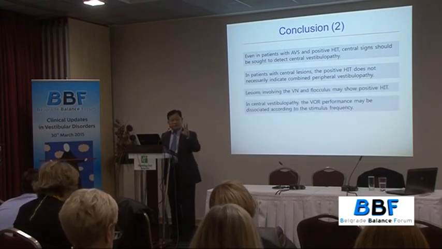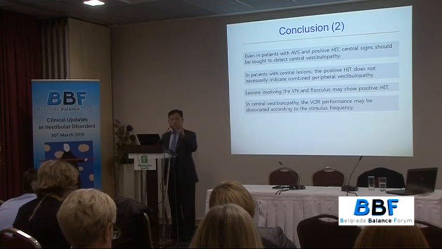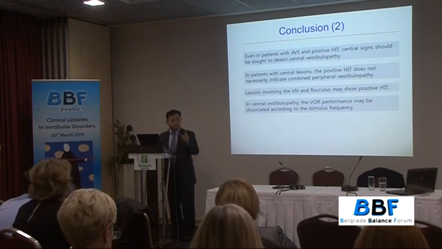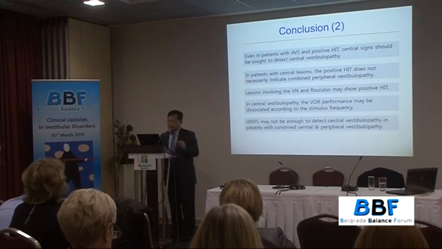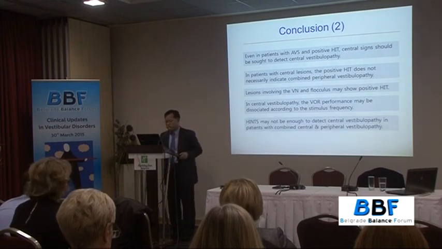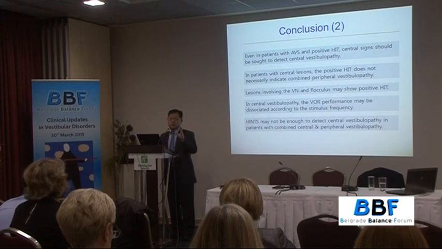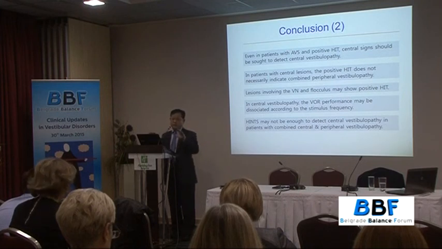And in central lesions, the vestibular performance may be dissociated according to the stimulus frequency, so dissociated findings during head impulse, caloric test and rotation test. And again, HINTS isn't almighty in detecting central lesions in this group of combined peripheral and central vestibulopathy.